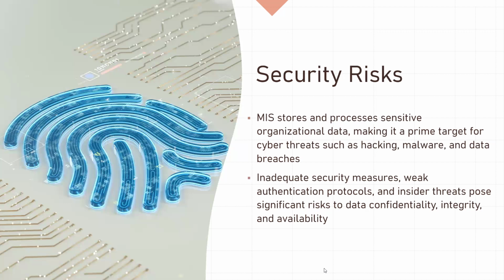Number four is system vulnerabilities. Basically, it's talking about outdated software, missing patches, and security flaws on your system, your storage, or even your applications. That may be a problem.